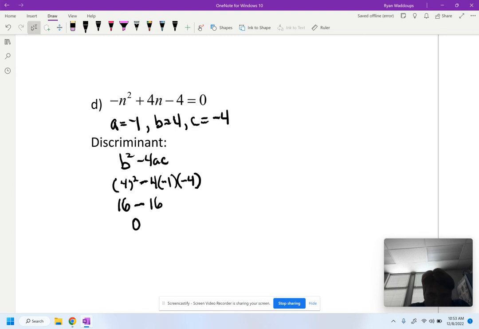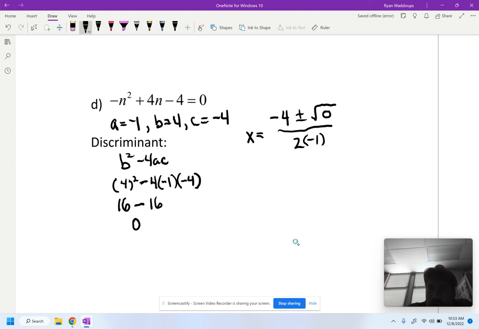Recall from what we shared up above that if your discriminant is equal to 0, you're going to have one real solution, and we're going to see why that is right now. So x equals negative b, that's the opposite of b, which is 4, so negative 4, plus or minus the square root of 0, and this is all over 2 times a, which is 2 times negative 1.